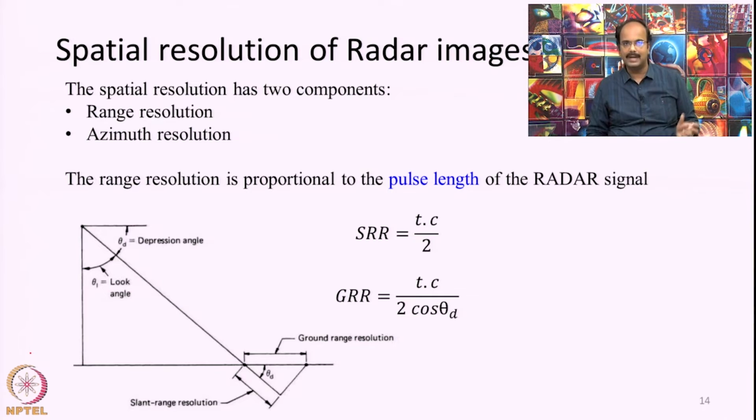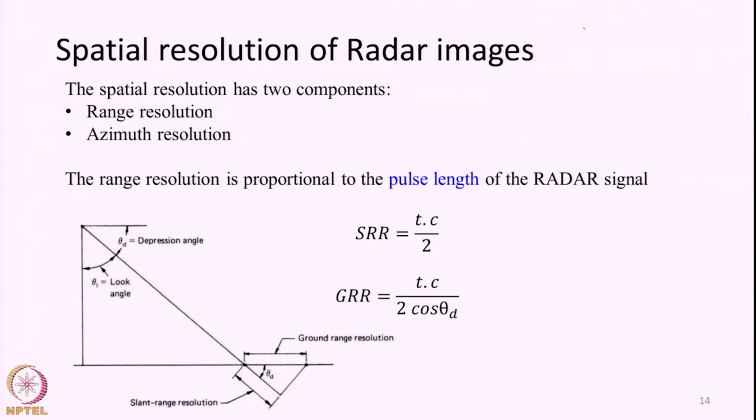Pulse length is, as I told you in the last lecture, each radar system will send microwaves in terms of pulses for a certain duration, say for 10⁻⁶ seconds, and the radar transmits a wave. Each microwave pulse will have a certain length based on the time for which it is transmitted, because it is not wavelength.